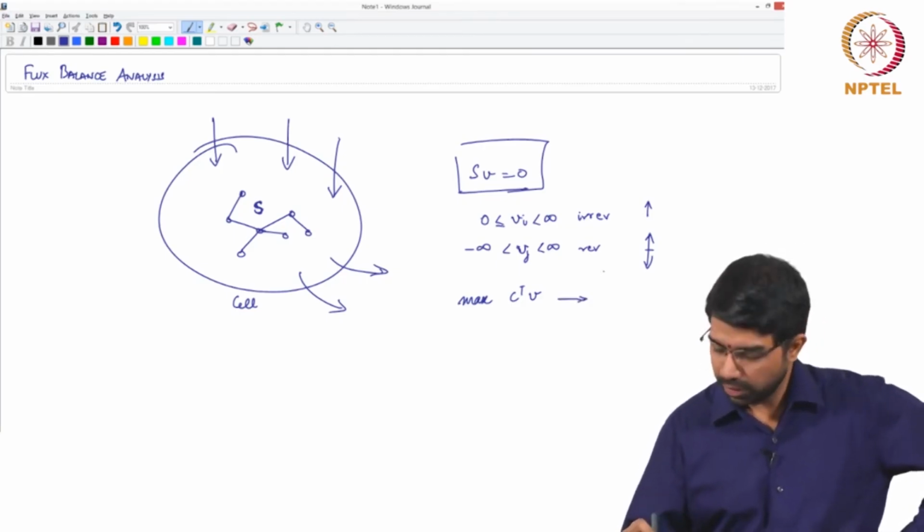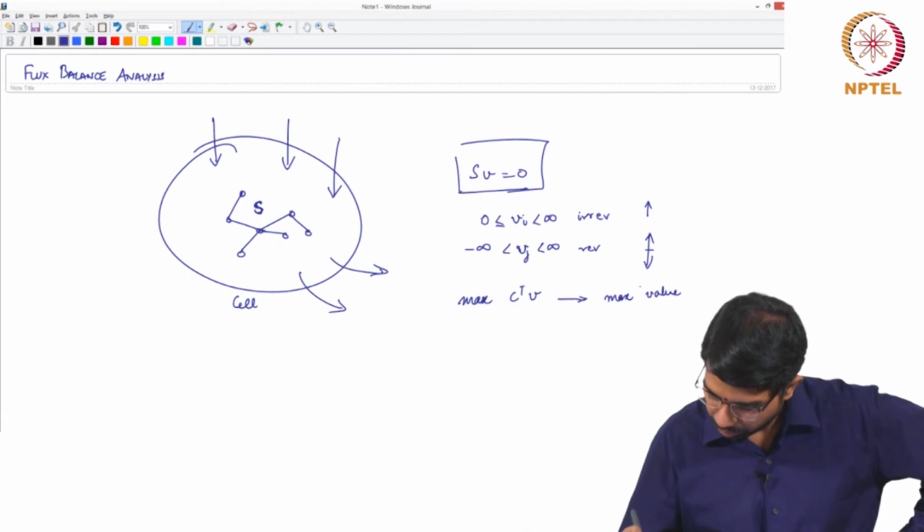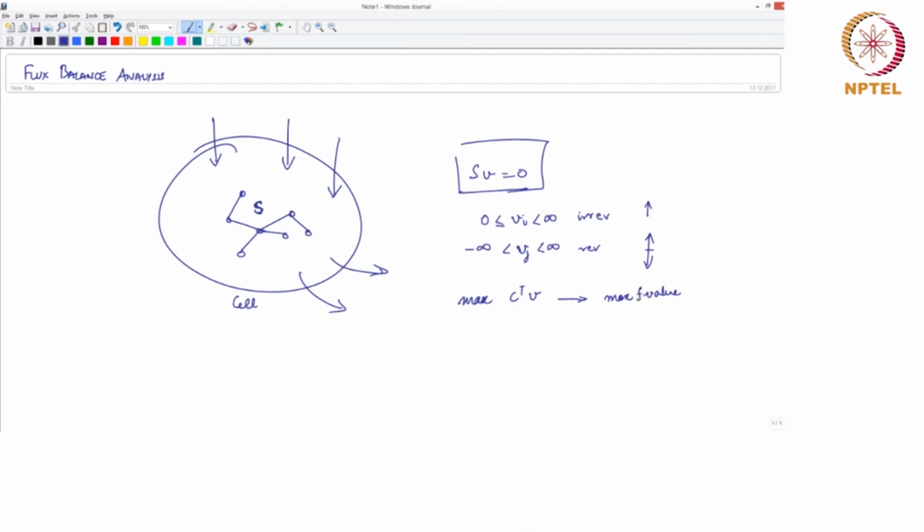When you solve, you will get the max value, or what we call the max function value. This is basically C transpose into the V star, and the V star, which is basically your flux distribution.